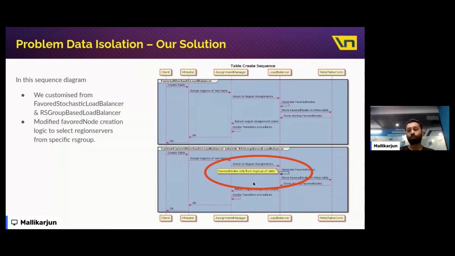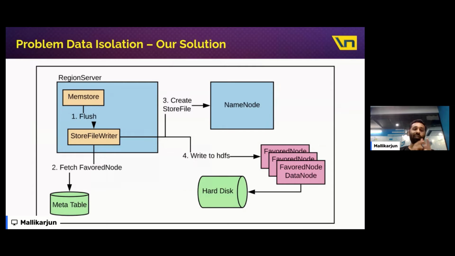When do you pass this favored node information to the HDFS layer? There's a concept called memstore. Memstore is the data in memory for a specific region hosted on a region server. When a new request comes, data is put in memory, that is the memstore, for that particular region. Once a memstore reaches some threshold, or certain criteria are met, it will be flushed to disk. At the time of that flush, the store file writer will fetch the favored nodes from the meta table for that particular region if they are available.